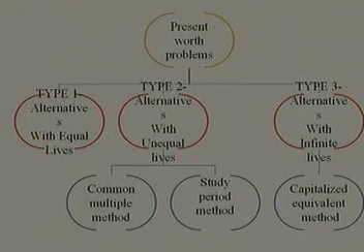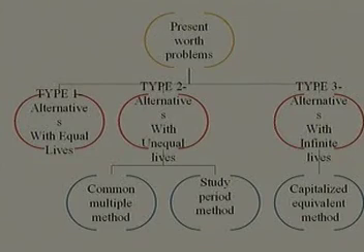Now, this is a very tricky situation. There are a number of ways through which we can tackle this class of problems. However, for our class, we will consider only two approaches. One is called common multiple method, second one is called study period method. We will discuss these two methods and their illustration would be given to you by means of a few examples.